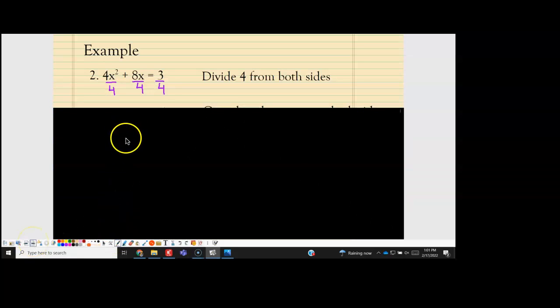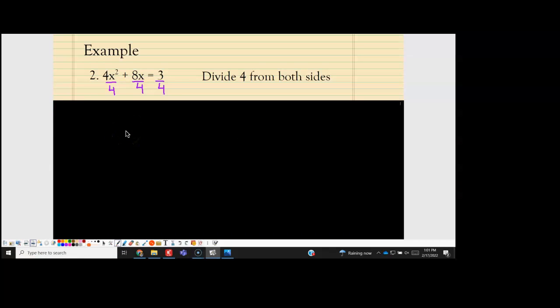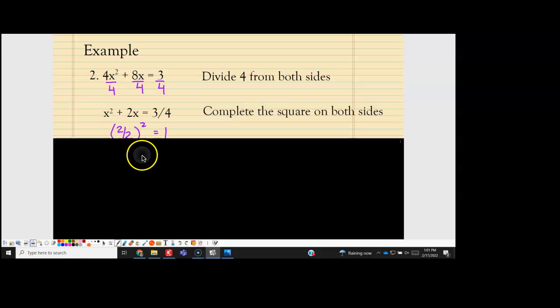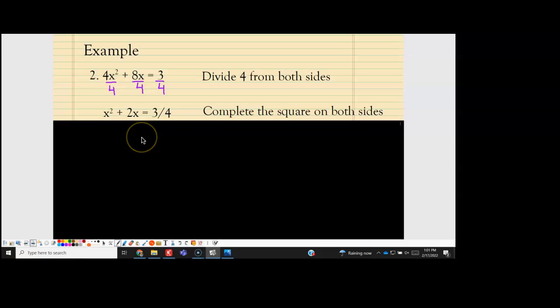Okay. In number 2, remember I told you you can have an a value equal to a number. We can't complete the square without dividing everything by 4. So divide everything by 4. So you get x squared plus 2x equals 3/4.